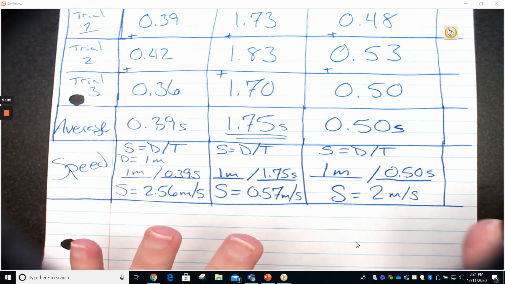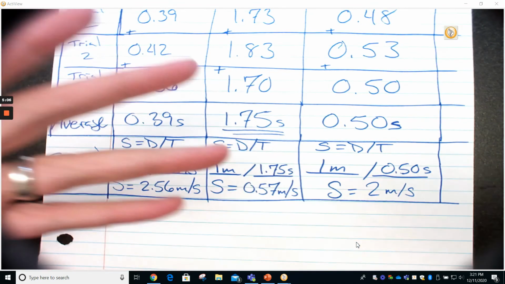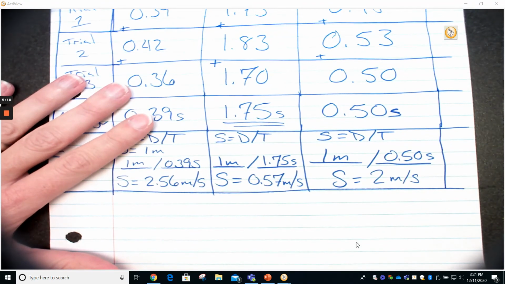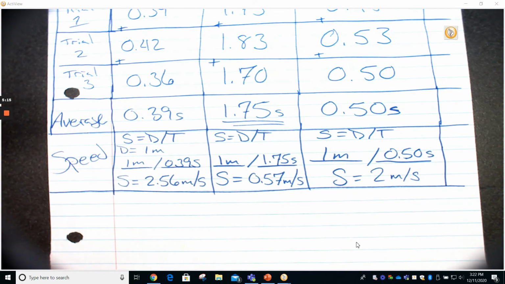Okay, when the lights are flashing, the speed limit on our road right here is 35 miles an hour. Well, if we went out on I-30 on the highway, the speed limit out there is 75 miles per hour. So which of those are faster, 35 miles an hour or 75 miles an hour? If you said 75 miles per hour, you're correct because it's a bigger number.